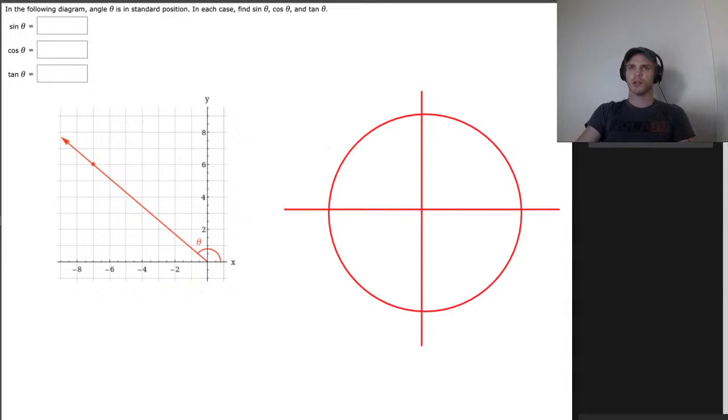So let's think about the unit circle. Take this point here, and this is -√2 over 2, √2 over 2. And so the adjacent is, okay, that's maybe not even a good way to think about it. We should think about it in terms of x and y.